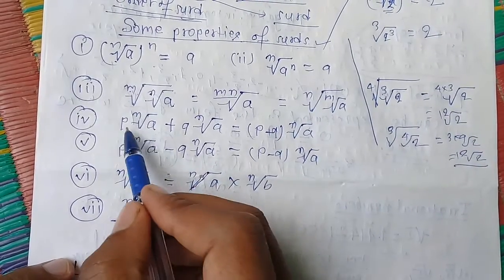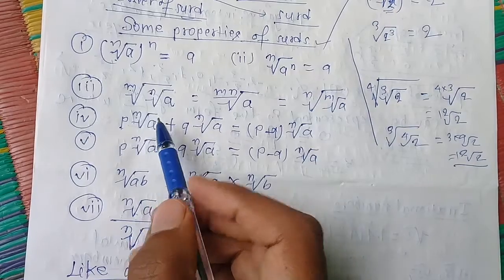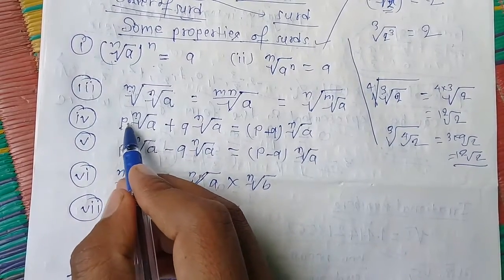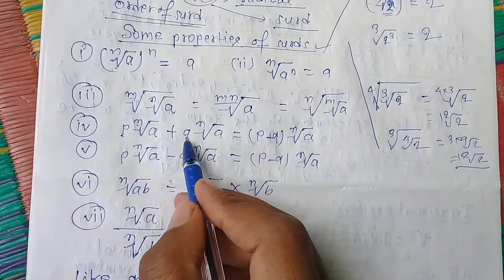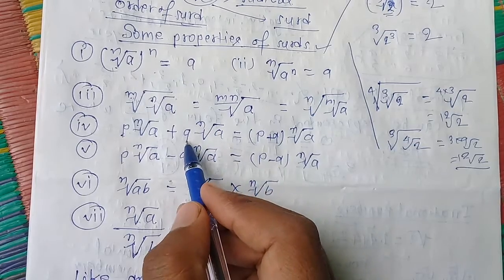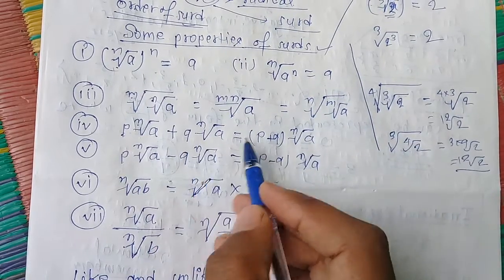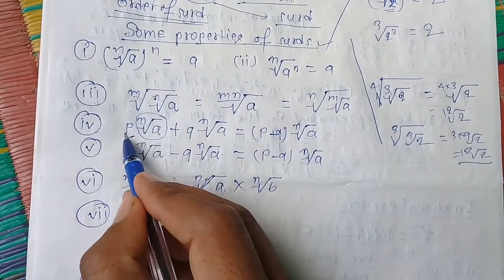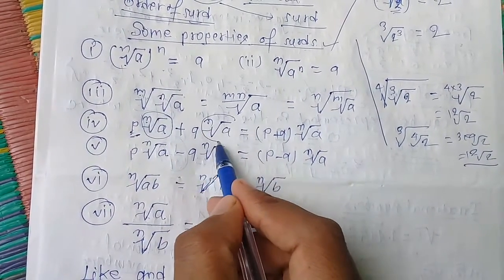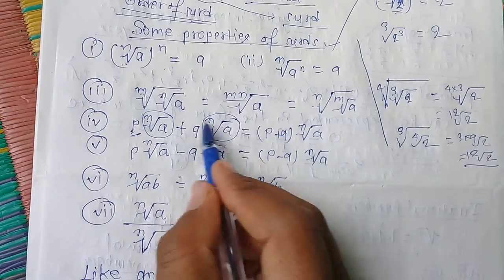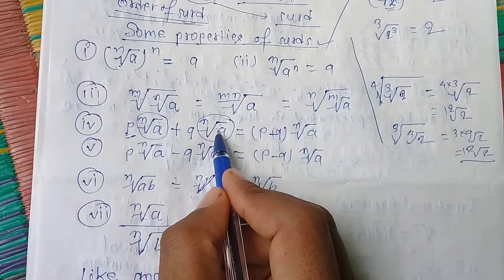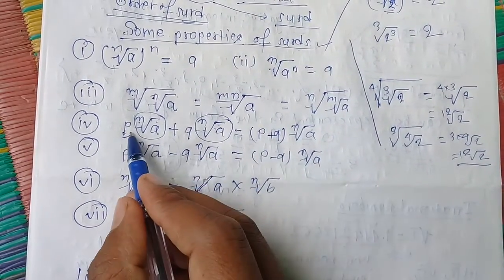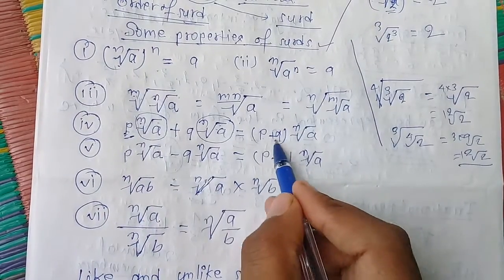Again, p times the nth root of a plus q times the nth root of a. In this condition, what will happen? The surd coefficient of the first is p and of the second is q. They have the same order and radicand, so this will give p plus q.